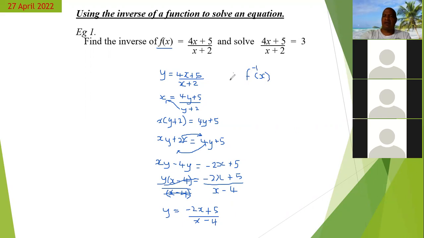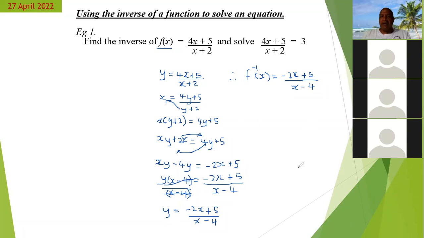So therefore, f inverse of x is equal to minus 2x plus 5 over x minus 4. All right, so that would be the function f inverse of x. So that's the inverse function.